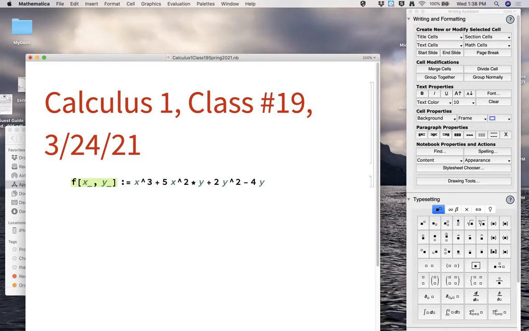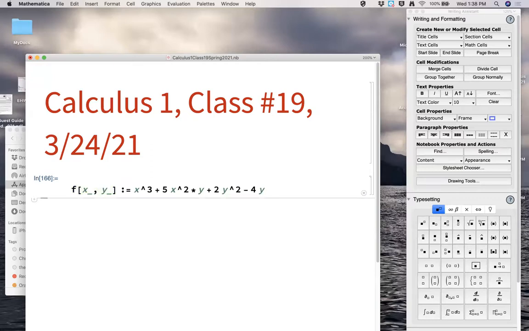Why not the 11? I'll come to that. This is a function of two independent variables, a multivariable calculus function. There are lots of ways to think about such functions. One way to think about them, to graph them, so to speak, is to make what's called a contour map.